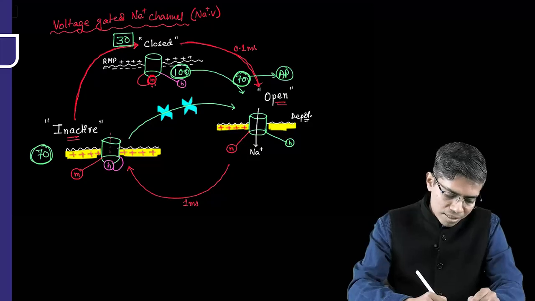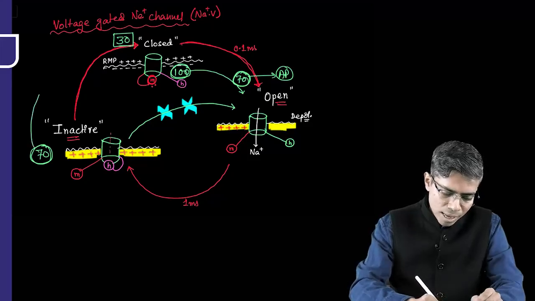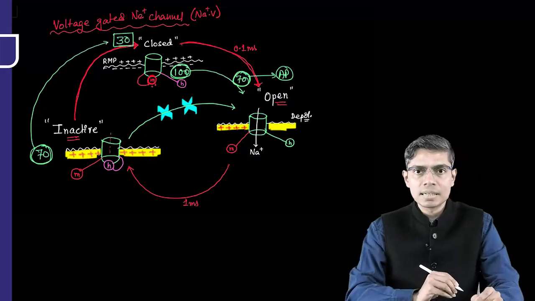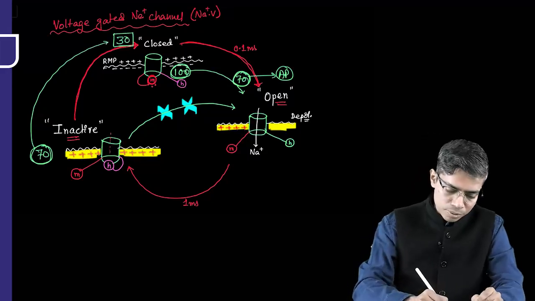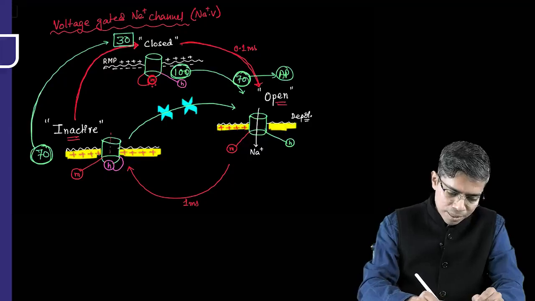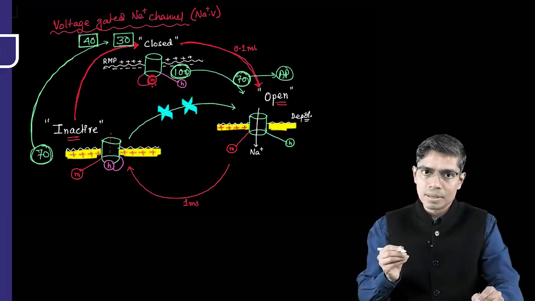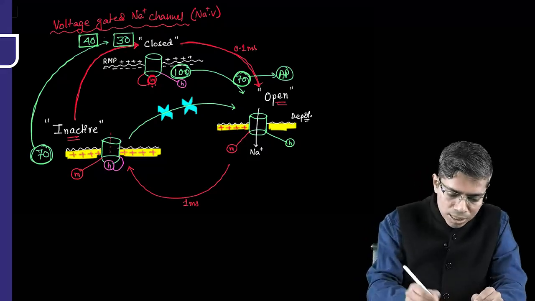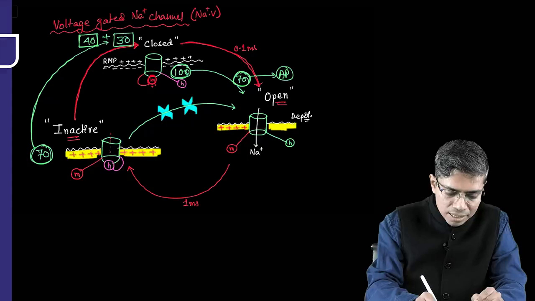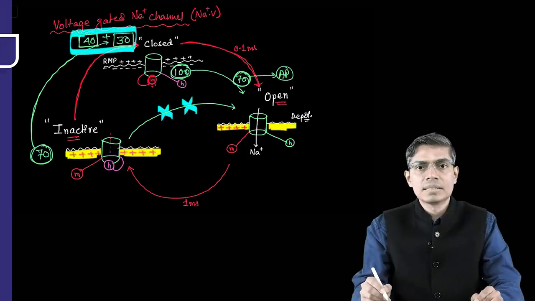Now from these 70 inactive channels, more and more will move to the resting or closed condition. Suppose from this 70, 40 have moved from inactive to closed state once again. So now the total number of resting channels is 40 plus 30, that is 70.